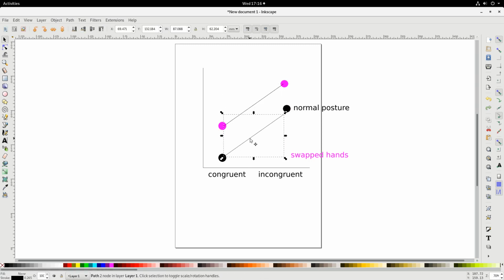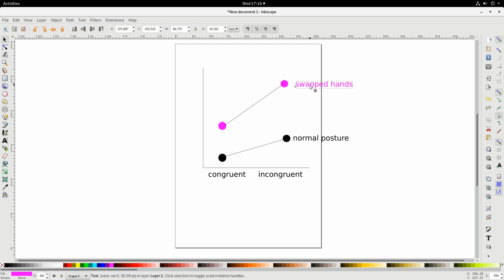So for the normal posture, you might have a Simon effect, but it might be more extreme for the swapped hands. If you have that sort of interaction, it is an interaction, because the Simon effect here is smaller than the Simon effect here, since incongruent minus congruent is a much larger effect.